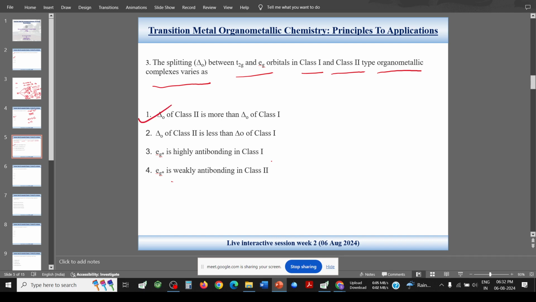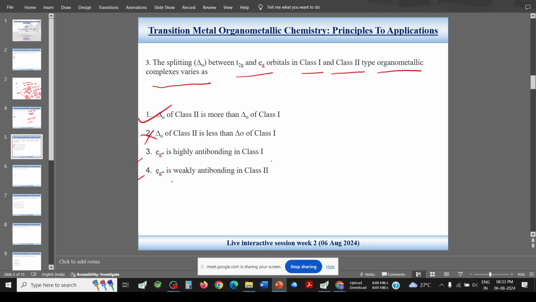Yes, this is the only option which is correct here. Another option, like option 2, is obviously incorrect. Here we have options 3 and 4.